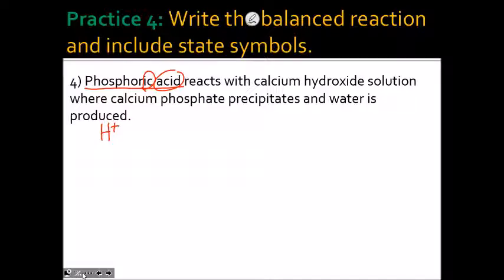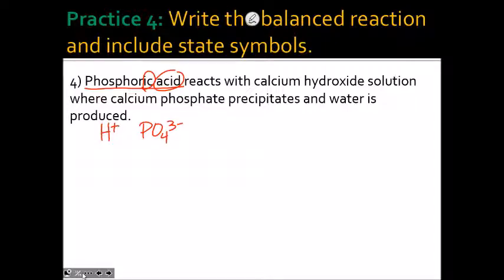Now all we have to do is look it up and figure out. It's going to be PO something. What is the rest of the formula? What is phosphate? PO4 what? Oh, I gave you the 4. Okay, what's the charge? It's PO4 minus 3. Very good.